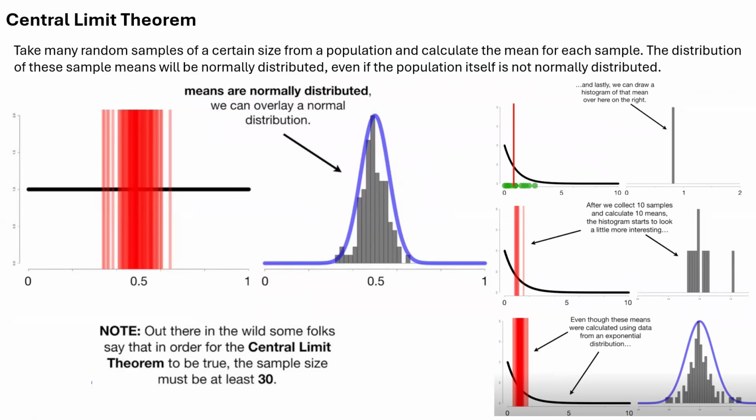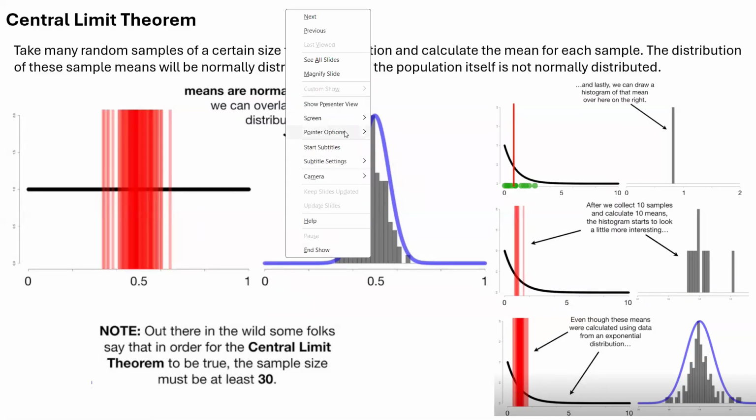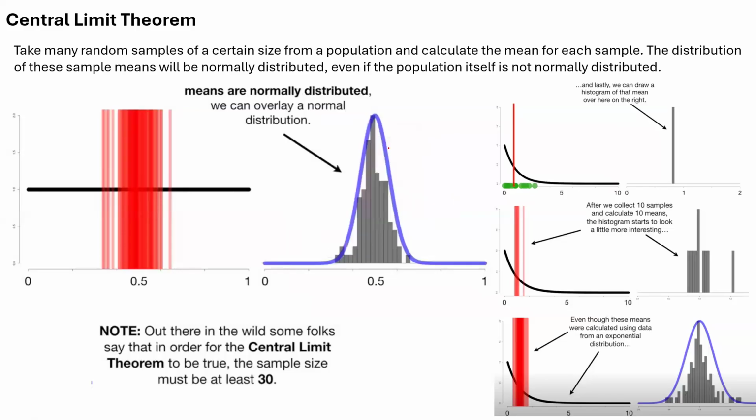And now this is also an important theorem that tells you something about the data in the universe. Take many random samples of a certain size from a population and calculate the mean for each sample. Understand this, it is important.